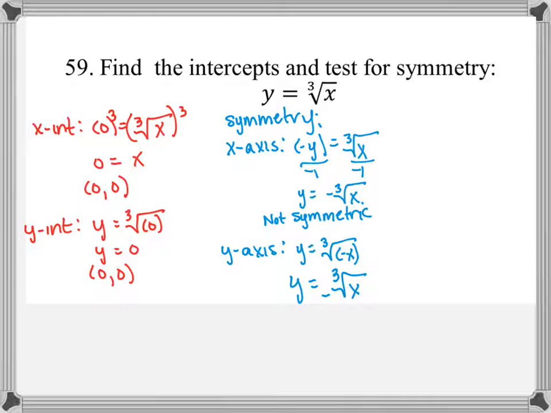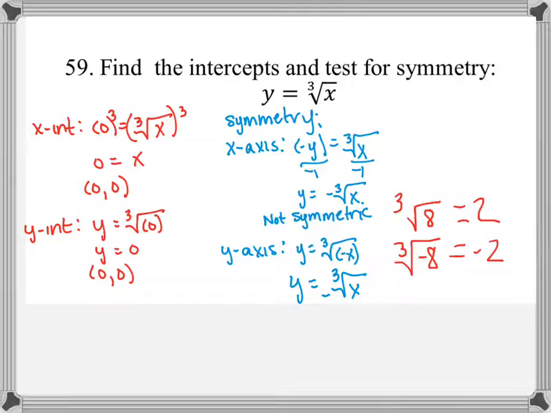For example, the cube root of 8 equals 2. If we had the cube root of -8, what times itself again is -8? That would be -2.